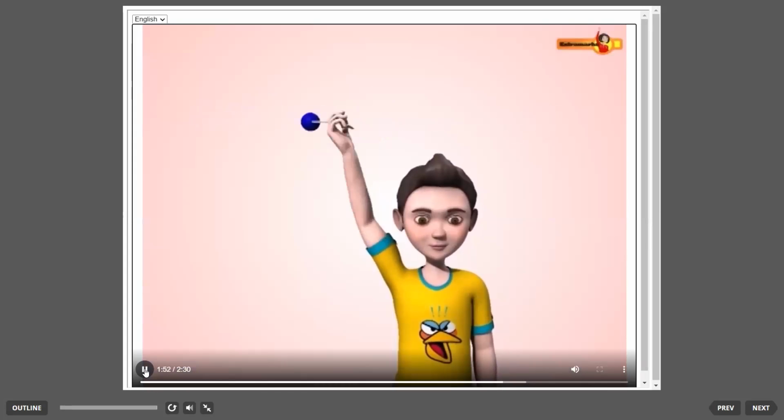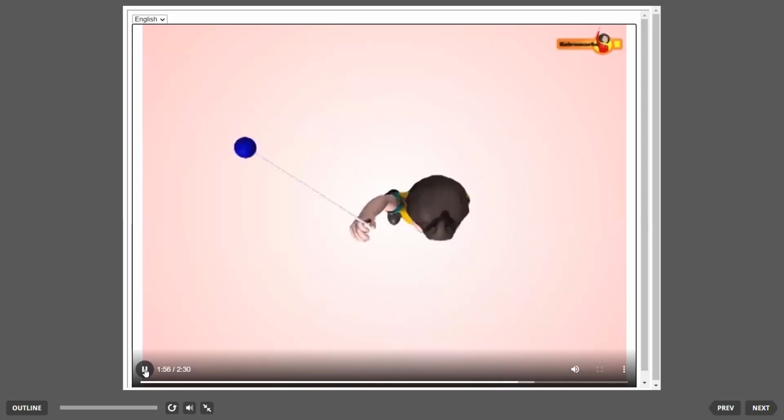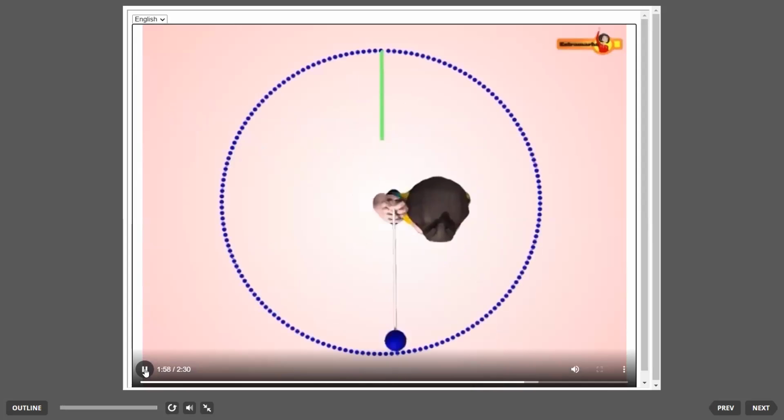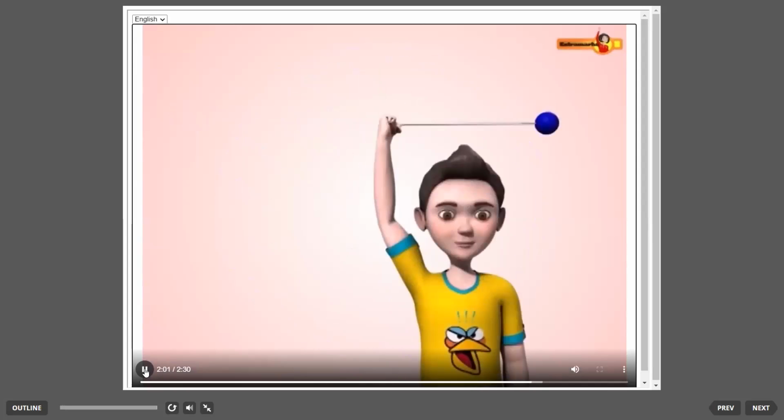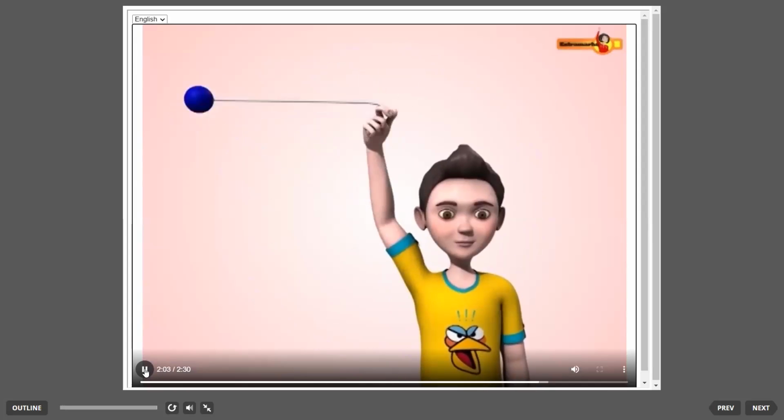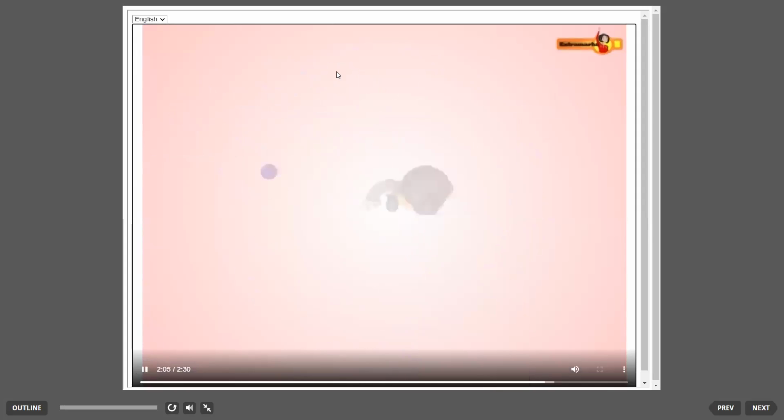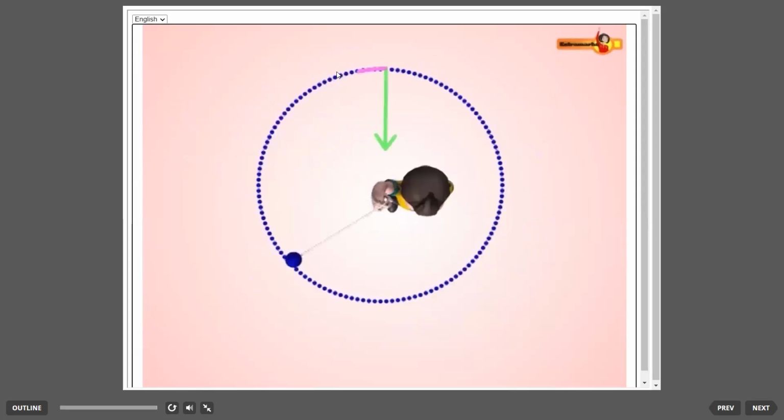The object in circular motion remains in motion only as long as it is under the action of a suitable external force. If this external force is removed, the object then follows a straight line path.